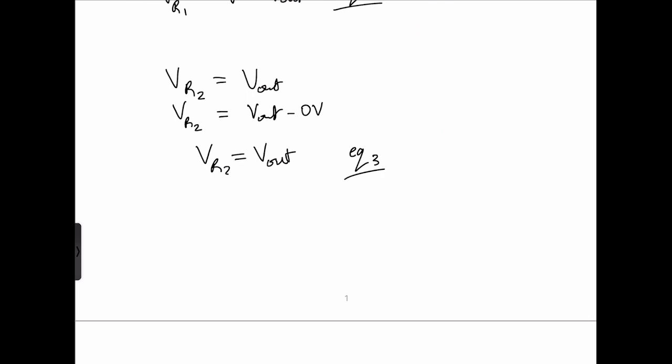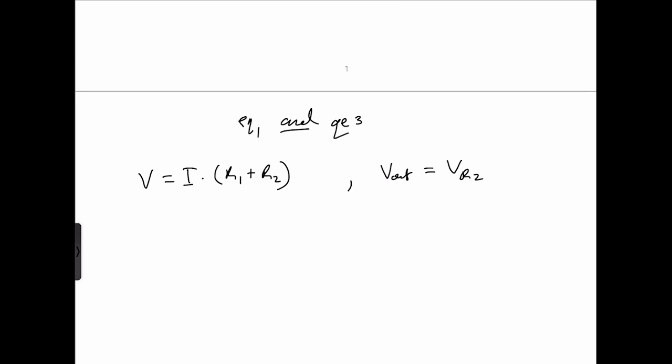So we can just go down here and say equation 1 and equation 3. So that gives us V equals I times R, which is the sum of the resistance seen by the voltage source, and V out is equal to VR2.